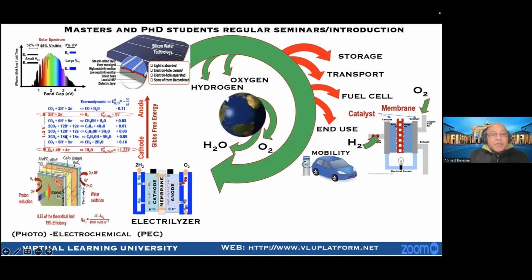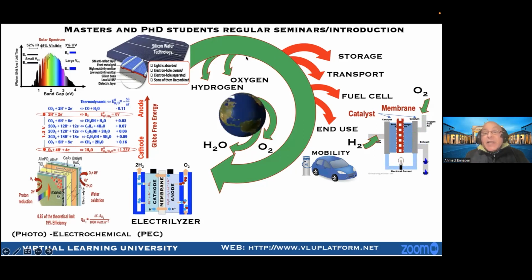As you see here, there are 4 electrons exchanged. And when you exchange a lot of electrons, you need to facilitate the reaction, and we need what we call a catalyst. That's one thing we discussed last time in a little bit more detail.